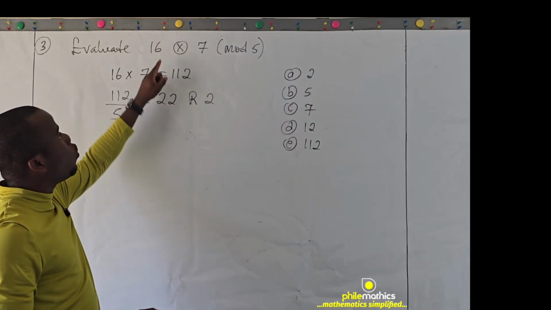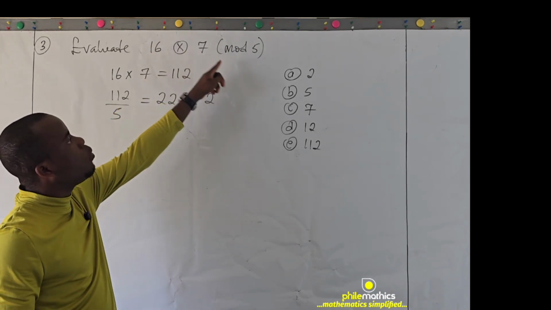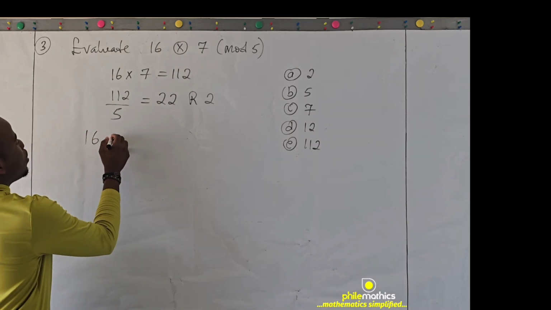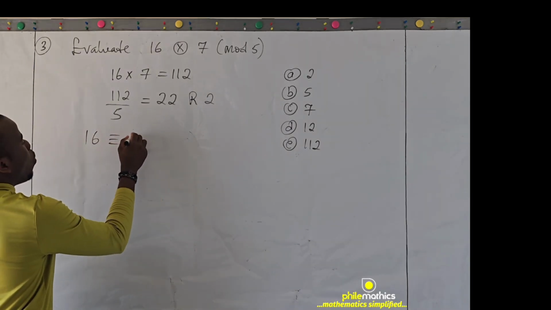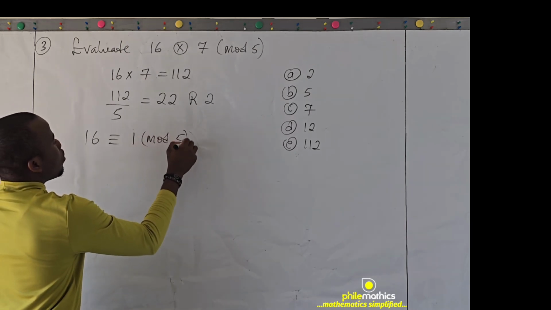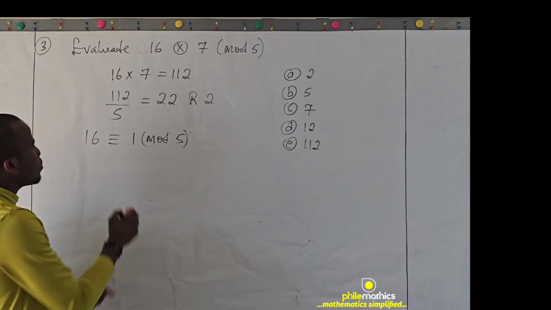The other way is to put 16 in modulo 5 and 7 in modulo 5 and multiply. So 16, you agree with me, is equivalent to 1 in modulo 5, because if 5 divides 16 is 3, remainder 1.